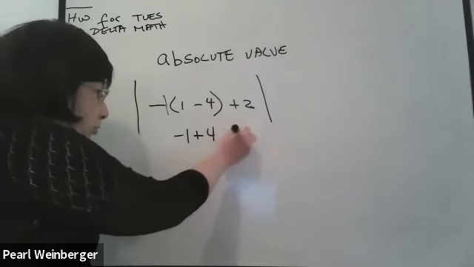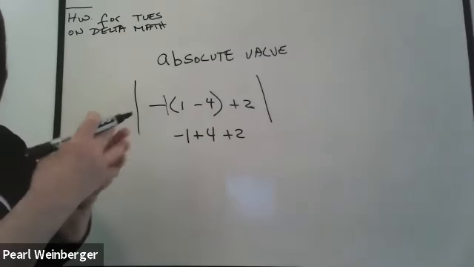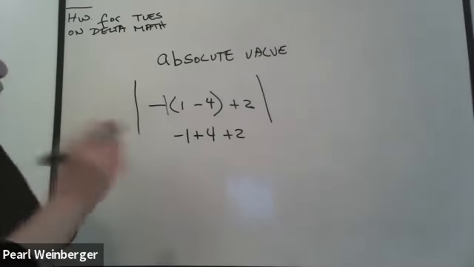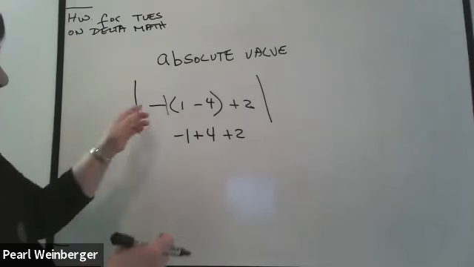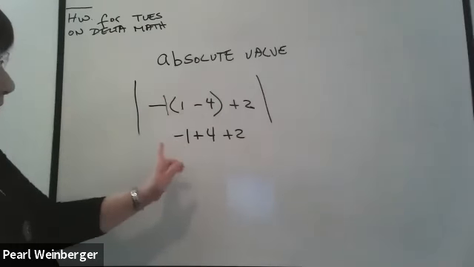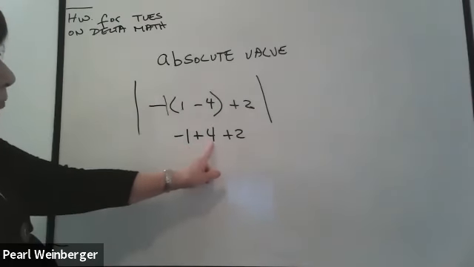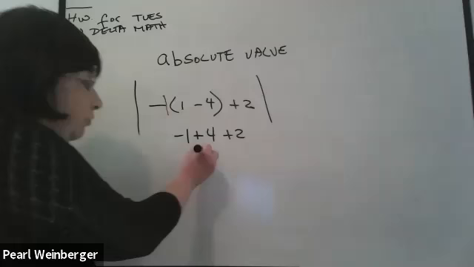And there's a +2. Since these were like terms, what I did was I first combined them, but I could do it exactly the way we've done it in the past with the parentheses. We distribute the -1. Now I combine the like terms. -1 plus 4 is 3. 3 plus 2 is 5.